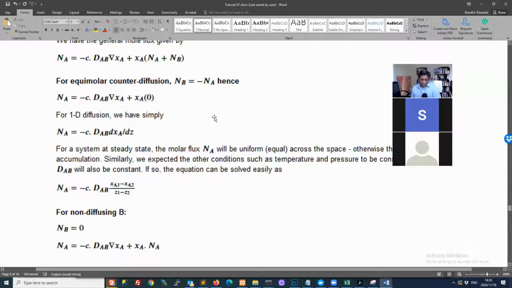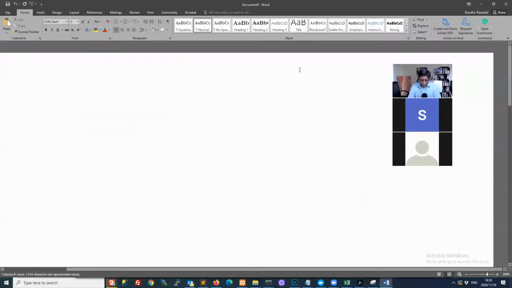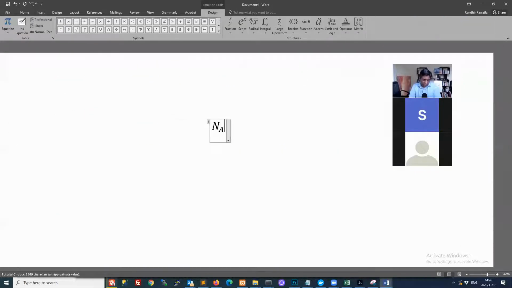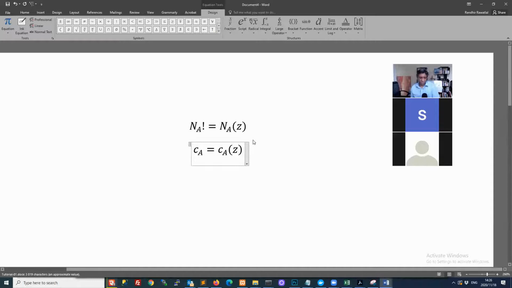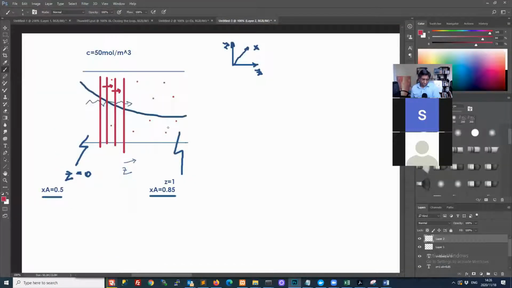A way to represent that is just to say NA is not a function of space, although the concentration we know, well, we think, may be a function of space. So the concentration might vary across the space, but the molar flux may be constant.